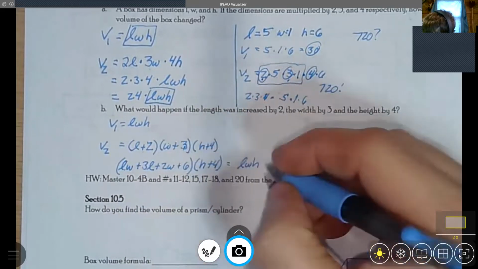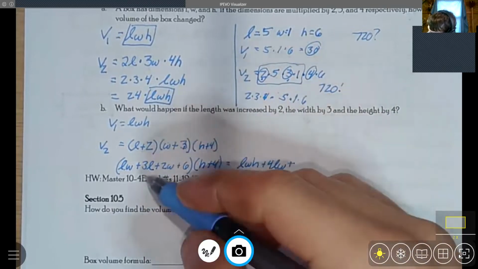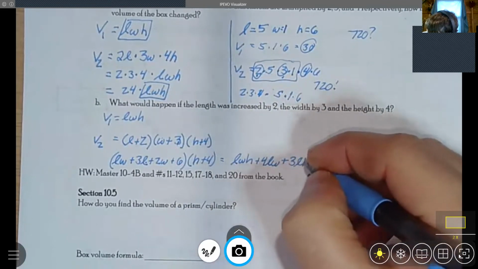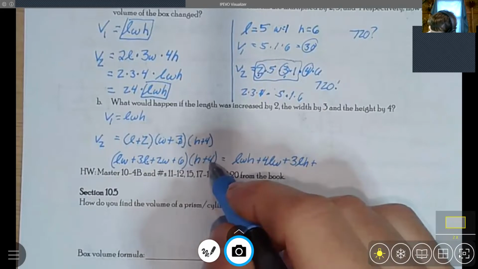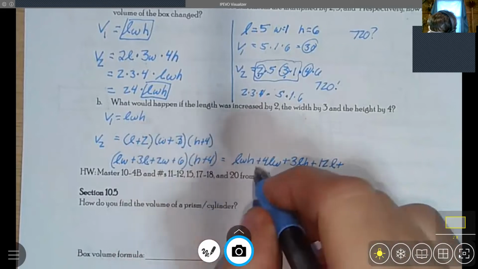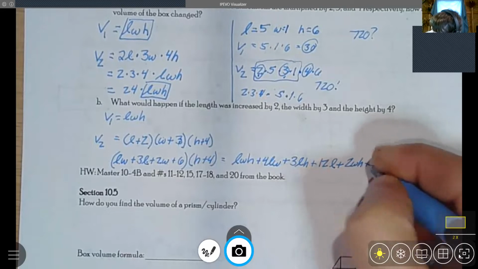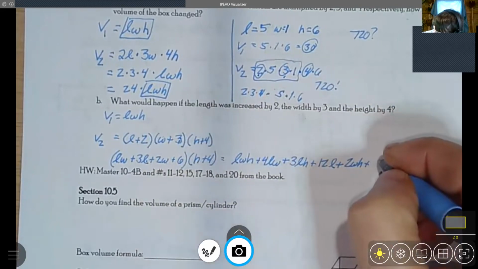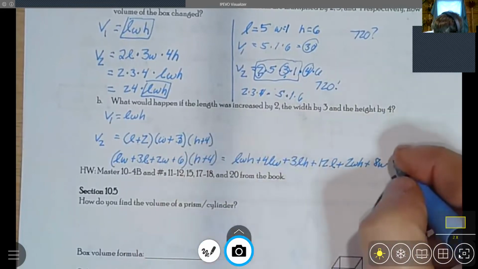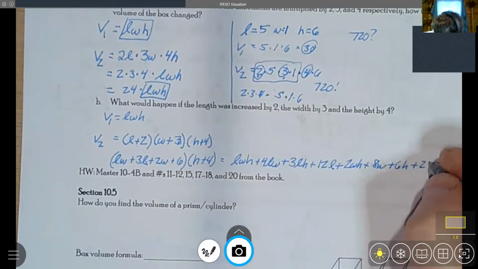LW times 4 is 4LW. 3L times H is 3LH. 3L times 4 is 12L. 2W times H is 2WH. And 2W times 4 is 8W. 6 times H is 6H, and 6 times 4 is 24.